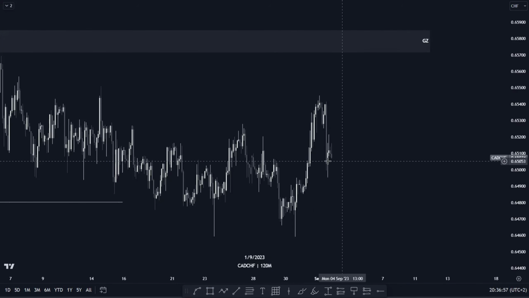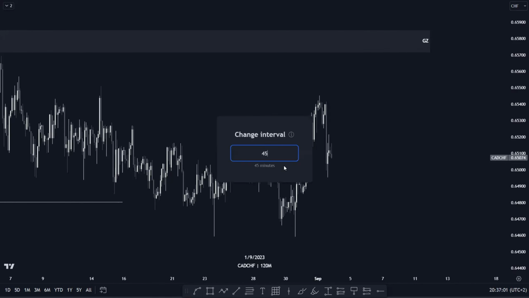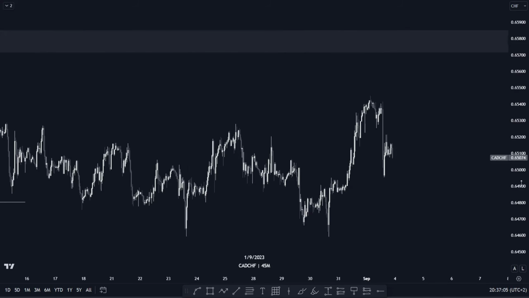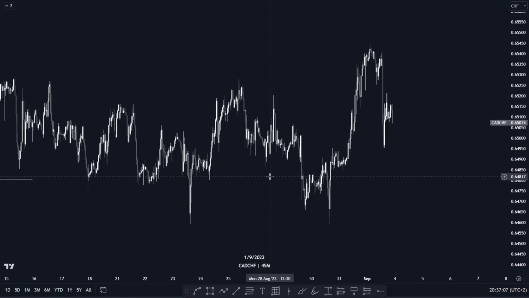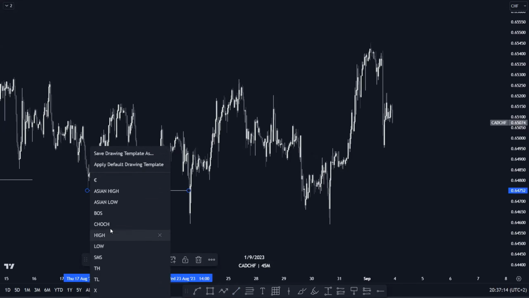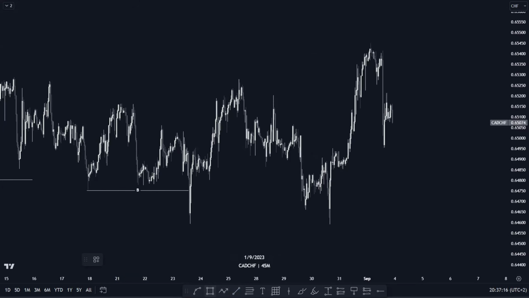Here what I've managed to see is that on, I think, the 45-minute chart, around about the 45-minute chart, okay, here we have this break of structure here. We have this break of structure here, and we have this beautiful change of character here.